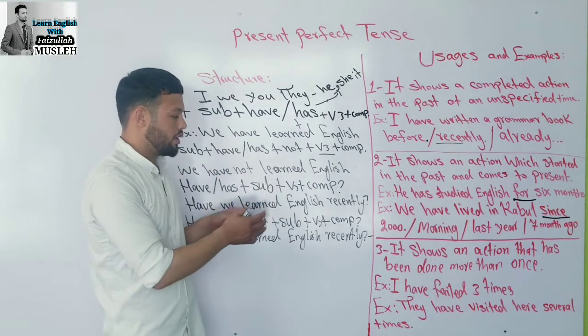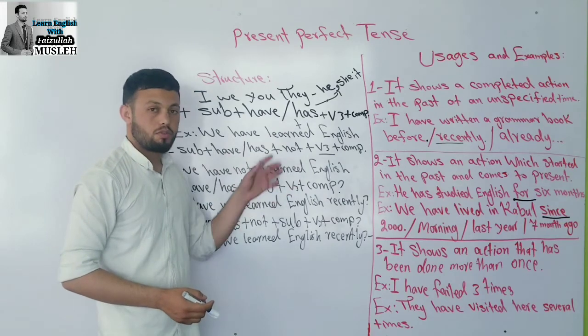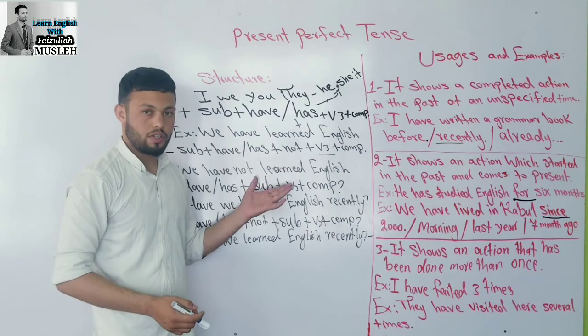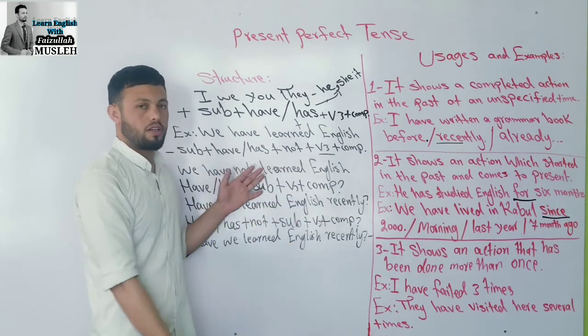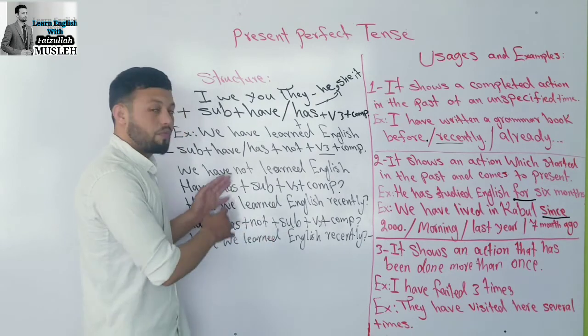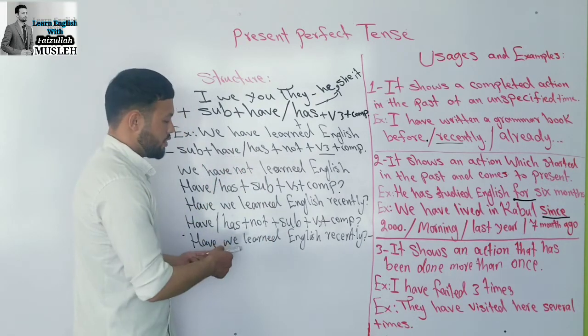So I don't say that I finished the structure 1 minute ago or 2 minutes ago or 10 seconds ago. I don't say the time. I just say I have just finished the structure.